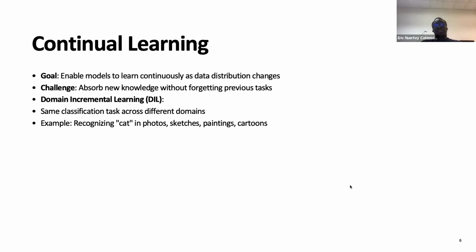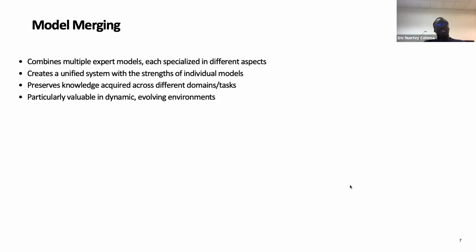So once we have this idea of trying to learn continually, what if in this case we have multiple LoRAs trained on different domains, and we want to find a way to combine the knowledge from all these individual domains that we have? That brings us to model merging. This is a very interesting idea.